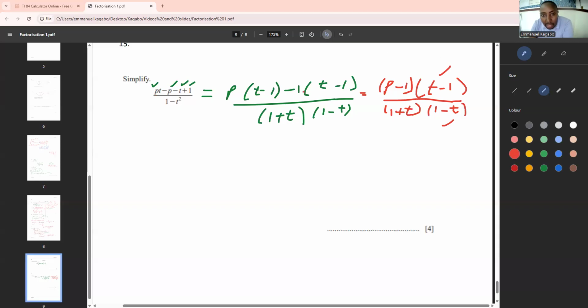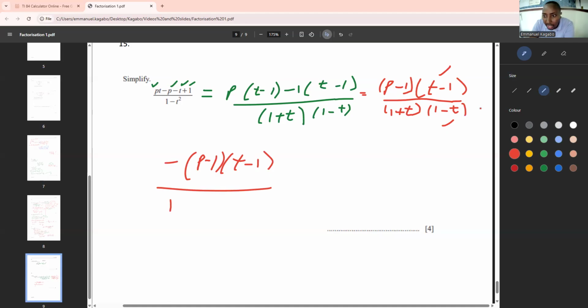So to make sure that I'm able to simplify, here I can factorize the negative 1, and I take it outside. Minus, bracket p minus 1, bracket t minus 1, all of this over 1.